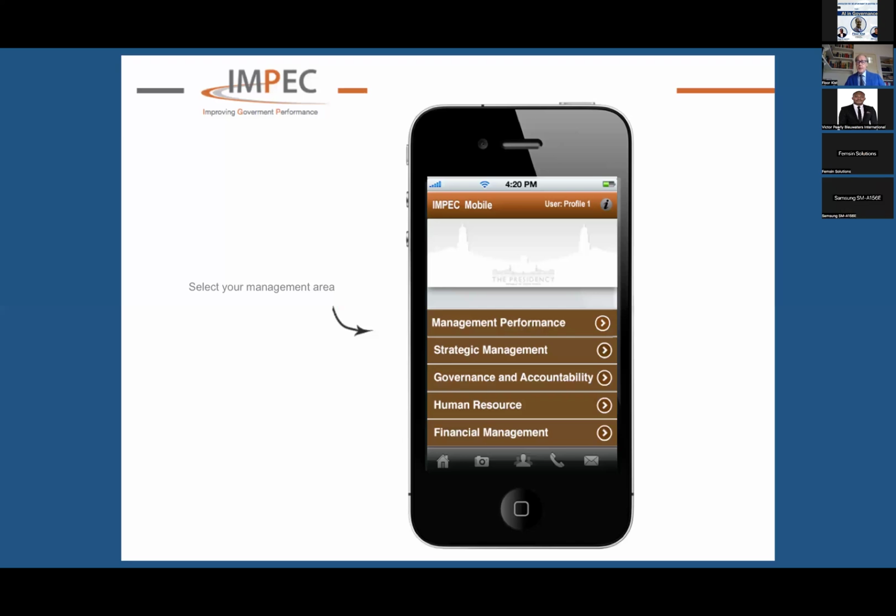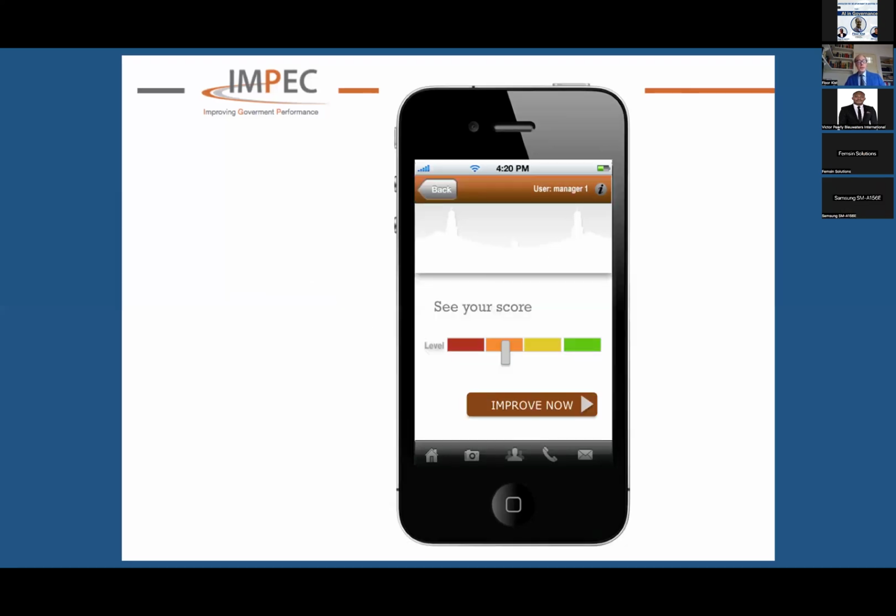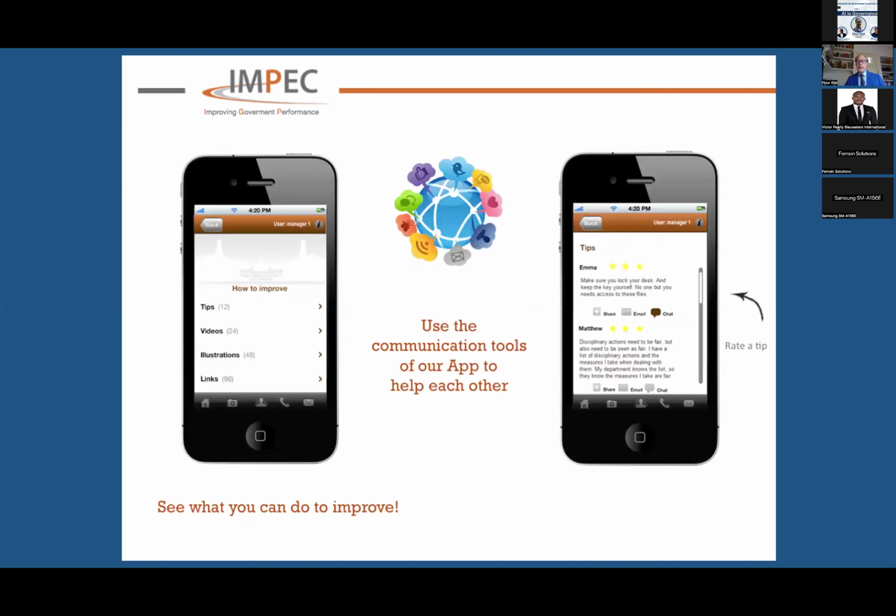And we decided to enter that into a phone app so that someone could see their own score, just like you can see here, and then have a big button say improve now so that they can click on that and get an idea of what they could do to actually improve their record.